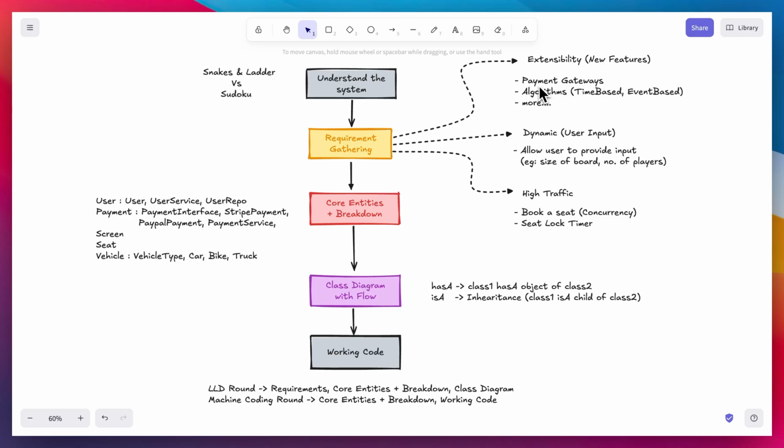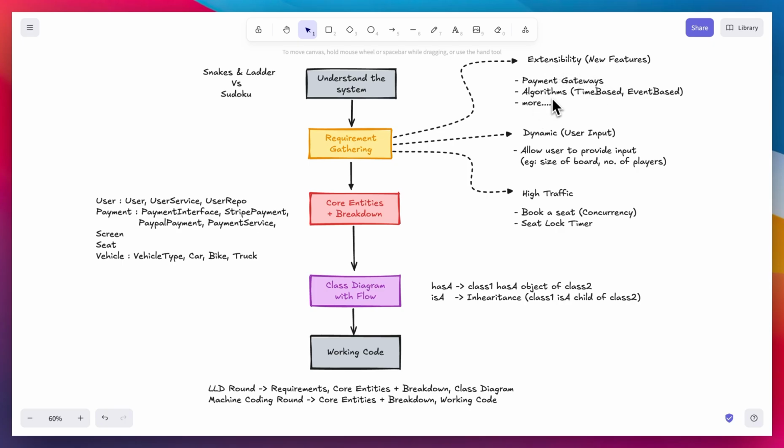So assume that currently your system has Stripe payment gateway and PayPal payment gateway. But in future, you might want to add some other payment gateways as well. That requirement comes under extensibility because you might want to add something in the future. But while adding that, you don't want to modify the old code. So that requirement will come into extensibility.